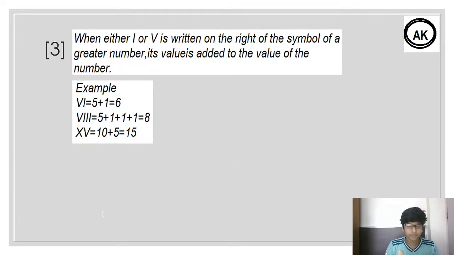The third law. The third law tells us that when either 1 or 5, remember this, either 1 or 5 is on the right of the symbol of a greater number, the value is added to the value of the number. So let's explain this now. What do we mean?